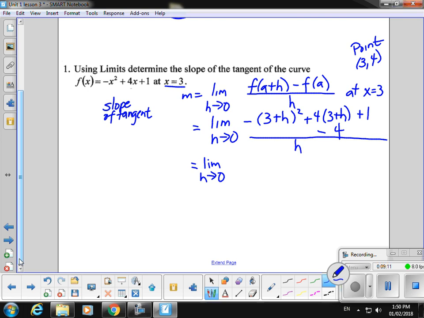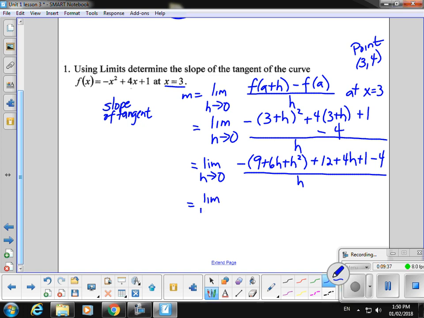I haven't looked at the limit, I'm just writing down my definition. So to tidy this up, I'm going to have negative, and I'm going to square that. I have 9 plus 6h plus h squared plus 12 plus 4h plus 1, subtract 4, all over h.